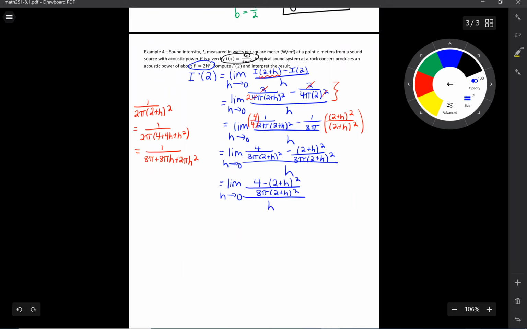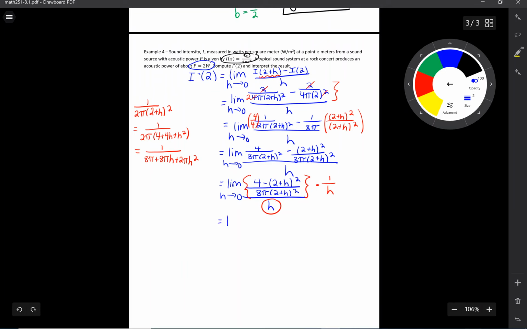All right, so now that I have a fraction over a fraction, I'm going to keep the top as is and multiply it by the reciprocal of the denominator. So I'm going to multiply this by the reciprocal of h, which is just 1 over h.